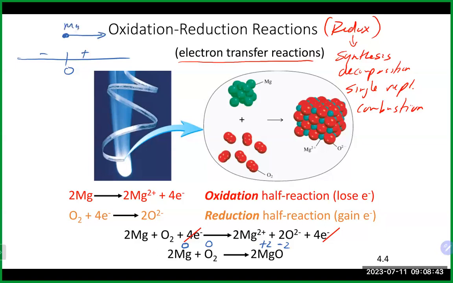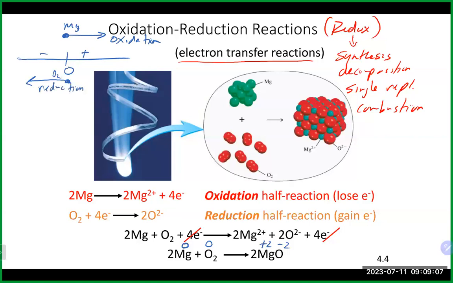Which means it is becoming more positive and it is going through oxidation. And by default, that means that the oxygen is going through reduction, but we could also do it for the oxygen. The O2 on the left-hand side starting at 0, and the oxygen on the right-hand side becomes -2, which means it's becoming more negative. And it is going through reduction.